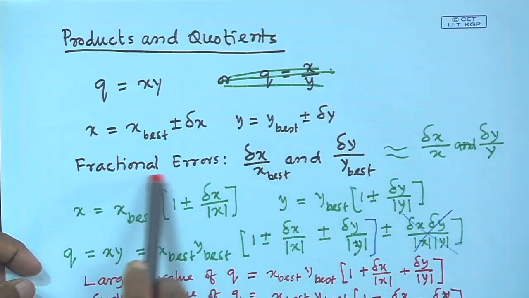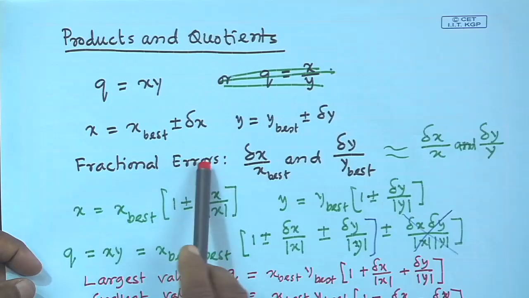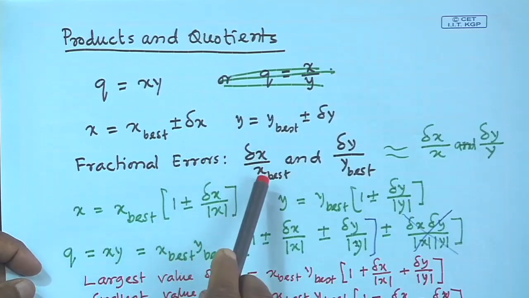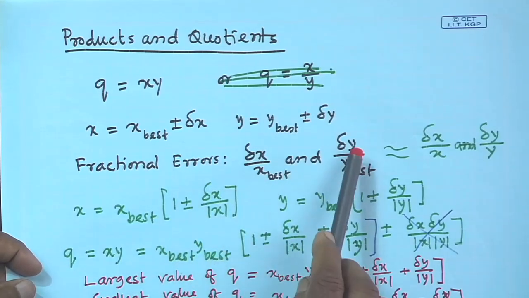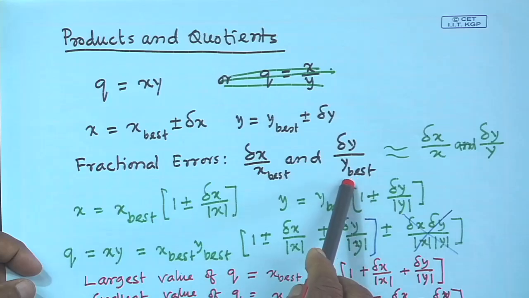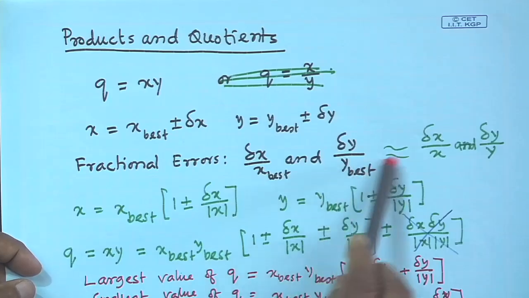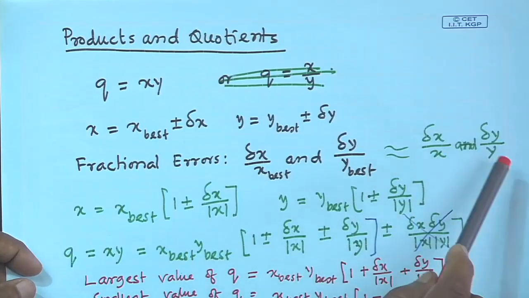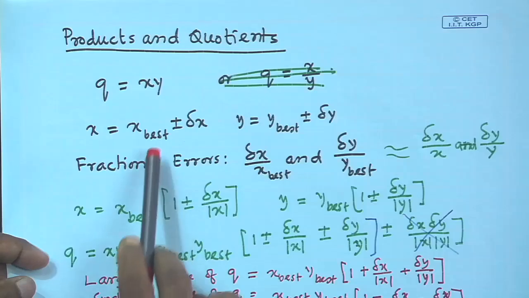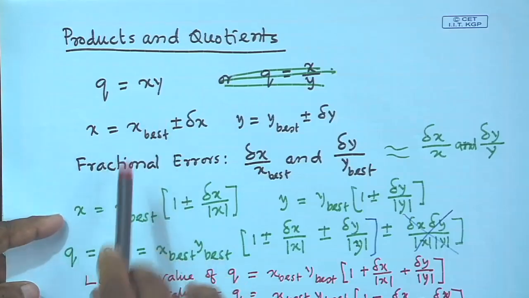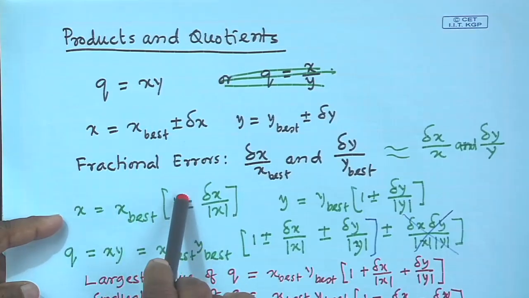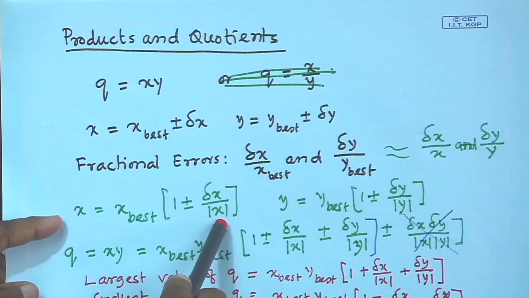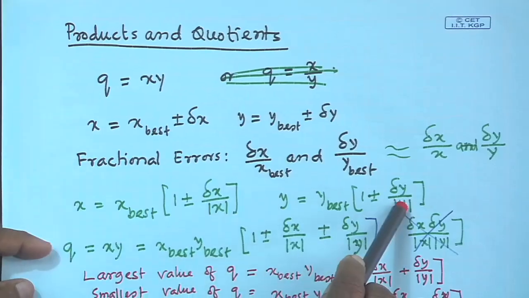So the fractional error or relative error, as I told, is del x by x or x best, del y by y or y best. Okay. So briefly we write del x by x and del y by y. So x equal to x best, if you take common, 1 plus minus del x by x. Okay. Similarly for y you can write.